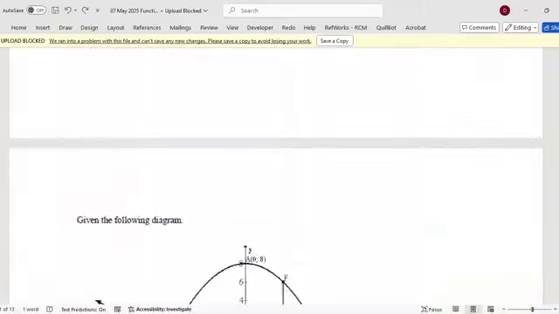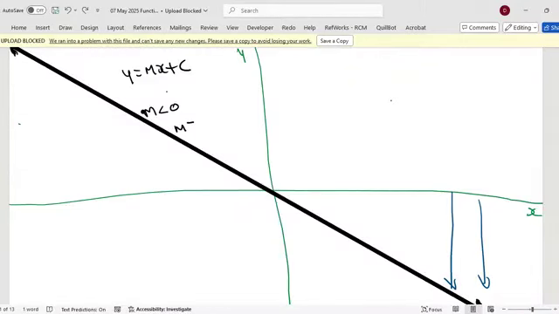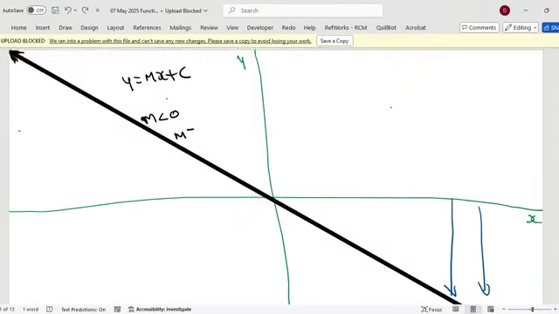So if it's negative infinity, it means somewhere on the negative numbers, and then positive infinity means somewhere on the positive numbers. Okay, so I can write it like this: x lies between negative infinity and positive infinity. Or I can write it like this: x is the element of negative infinity up to positive infinity.